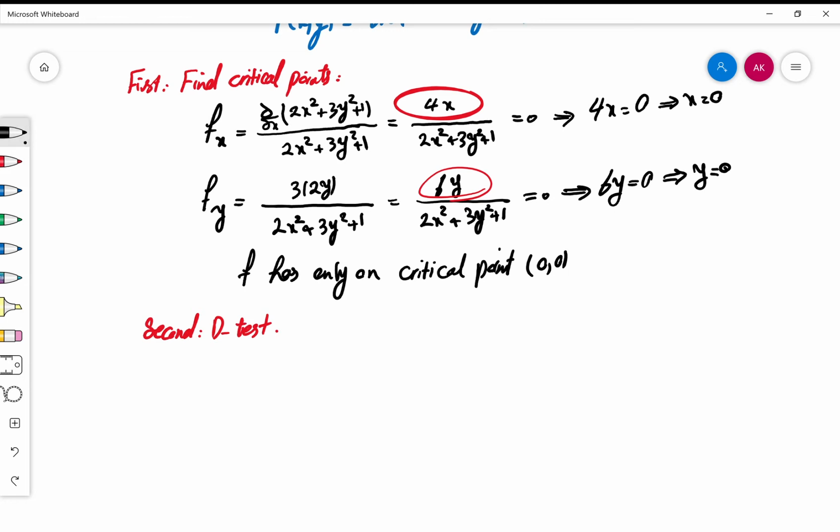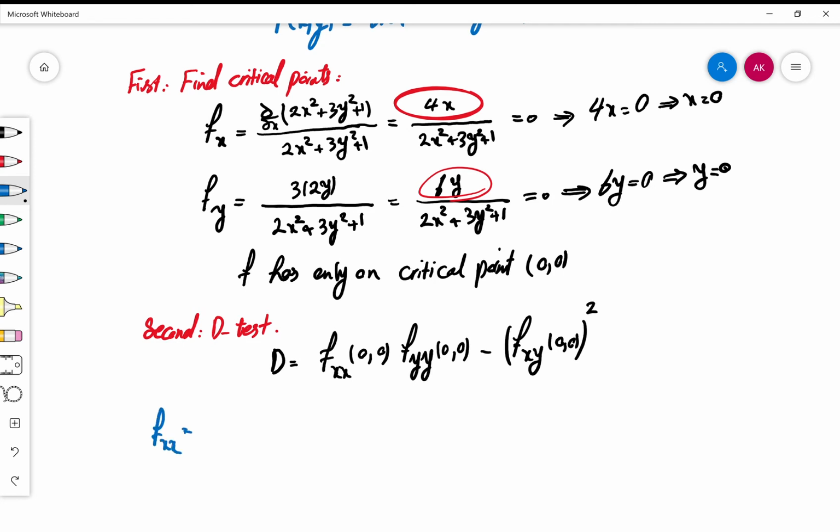To be able to use the test, I need to find D, which was fxx at that point, times fyy at that point, minus fxy at that point, squared.